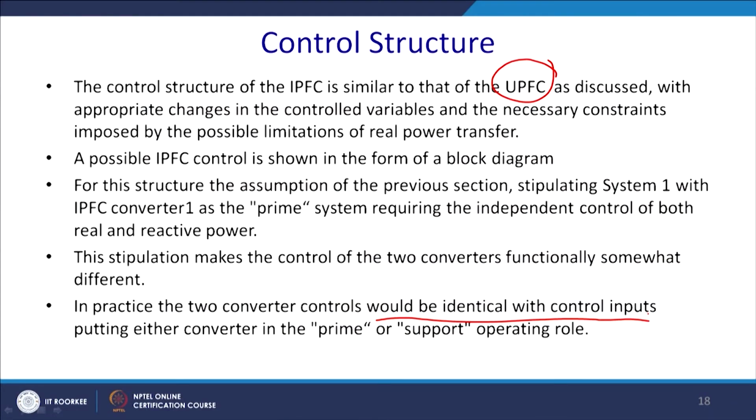In practice, the two converters' control would be identical with the control input, putting one converter as prime and another converter as support. So, ultimately for the power demand, you will control basically P and Q of one particular line, and whatever P is required to be fed, that will be fed from the other line. In that way, you are maintaining the real and reactive power demand of the one line, because since you are sending the real power, ultimately you will be restricted by the demand of the supporting line.